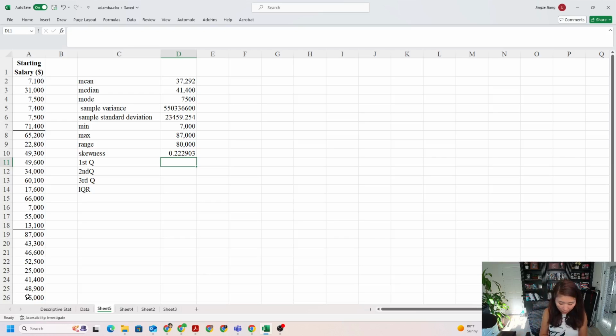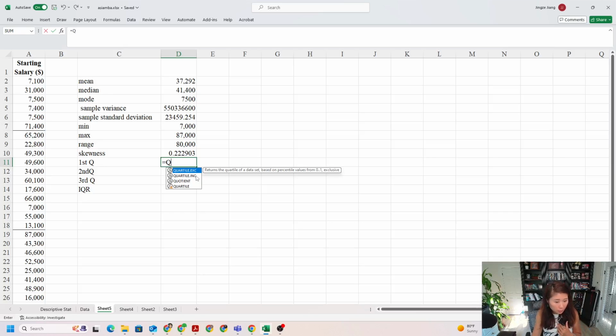So how about the quantile? For the first quantile, you just need to type QUARTILE. There's an old formula called QUARTILE. In the new version of Excel, they have two options, QUARTILE.EXC and QUARTILE.INC.